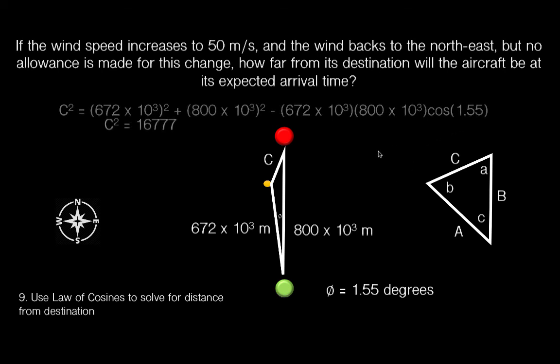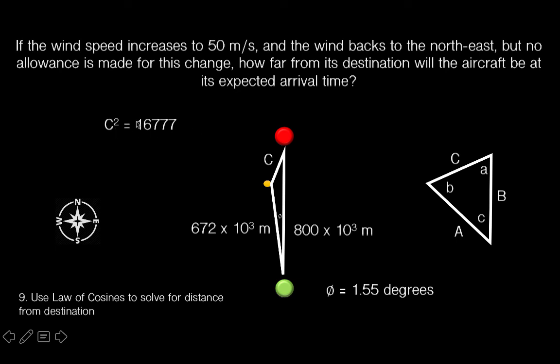When we do that calculation, c squared equals 16,777. When we take the square root, we get c equals 130 times 10 to the third meters, or if we divide that by 1,000, we get 130 kilometers.